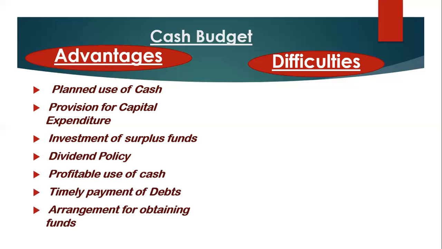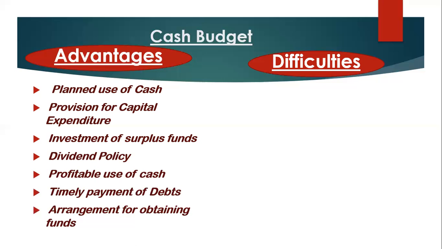Then our next advantage is arrangement for obtaining funds. If we make a cash budget, then it is very convenient to obtain funds. We can easily arrange the funds, because we know when we need the cash, so we have proper time for arranging funds.